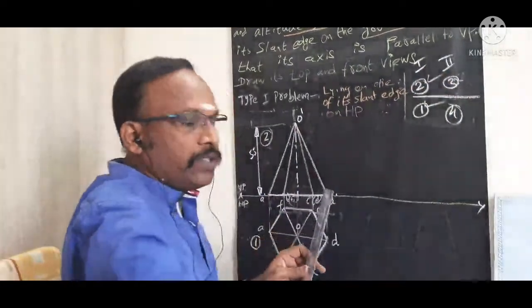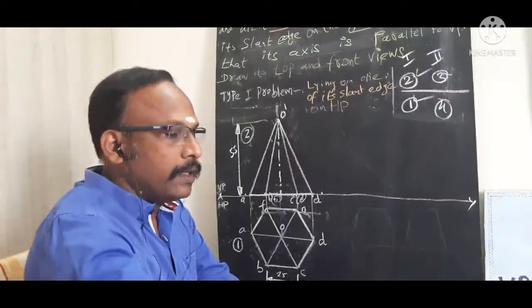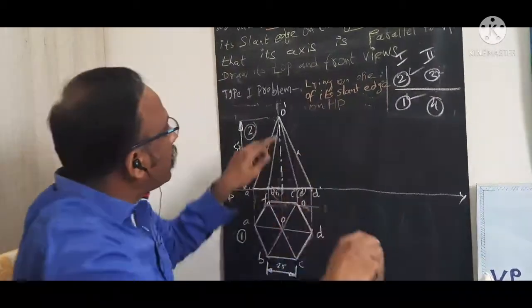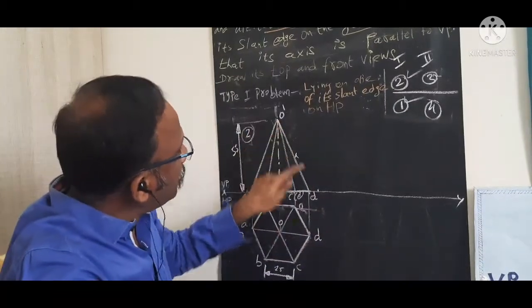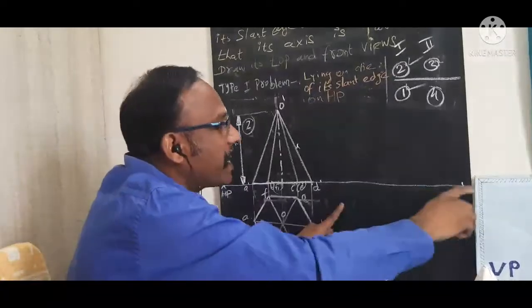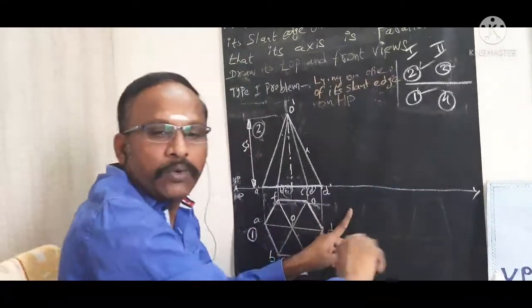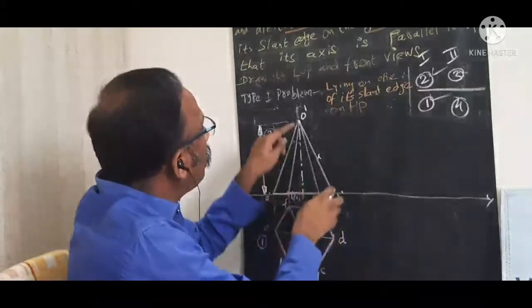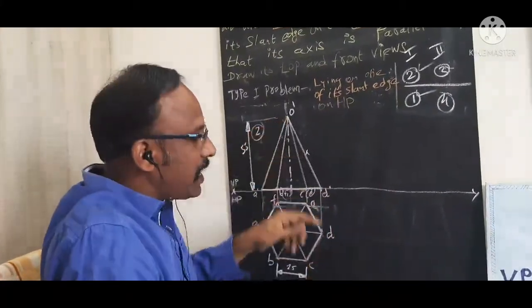Now I am going to tilt the prism in such a way that one of the slant edges, O dash D dash, is lying on the ground. The ground is nothing but this particular XY line. So I will take this measurement O dash D dash line.